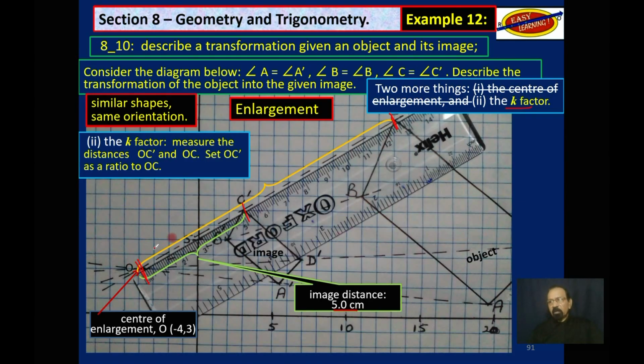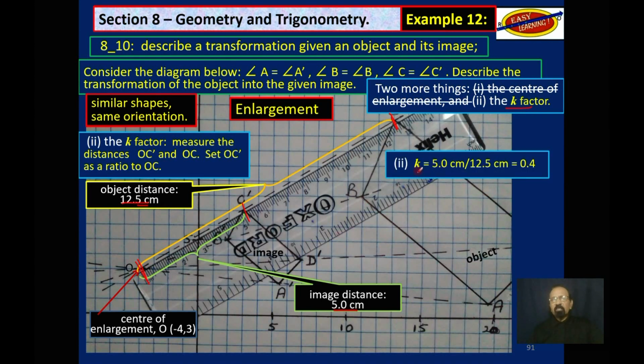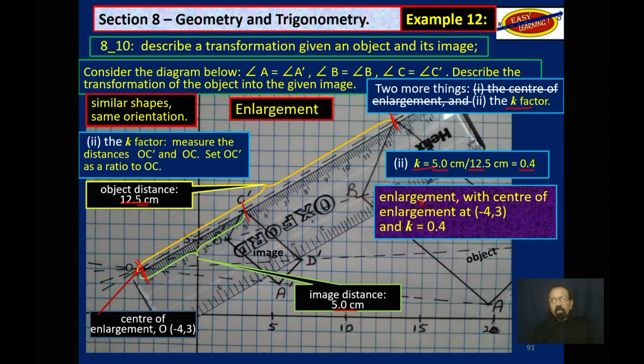I measure from here to there. I get 12.5 centimeters. That's the object distance. So the scale factor is the ratio of the image distance to the object distance, which works out to be 0.4. So it's enlargement with the center of enlargement at -4, 3 and a scale factor of 0.4.